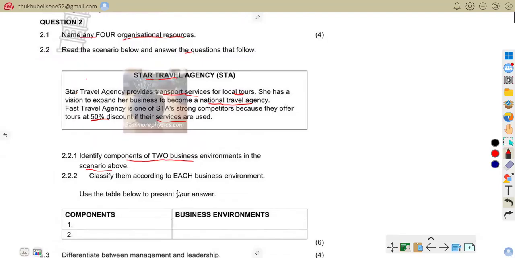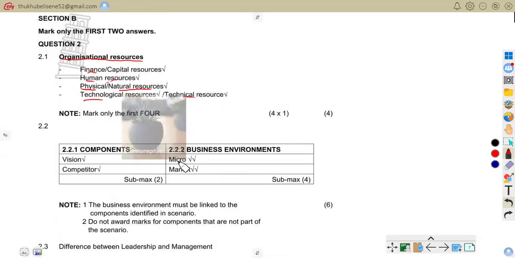So you can see here we have vision, we have competitors. As we can see on our answers, we have vision and competitor as our components. These are the components. The business environment is micro as well as market.